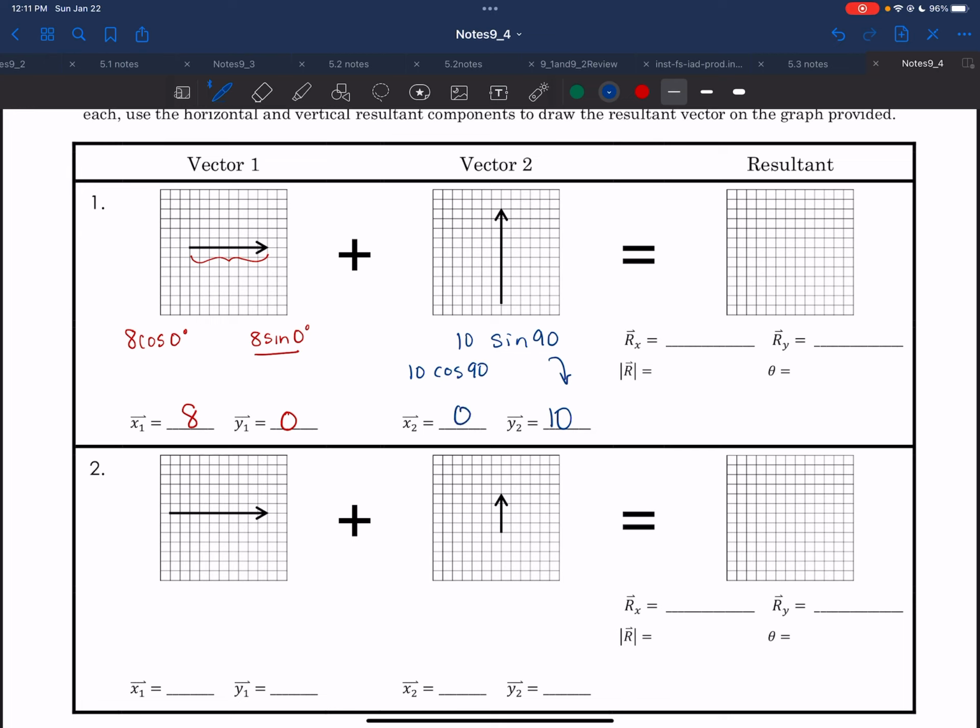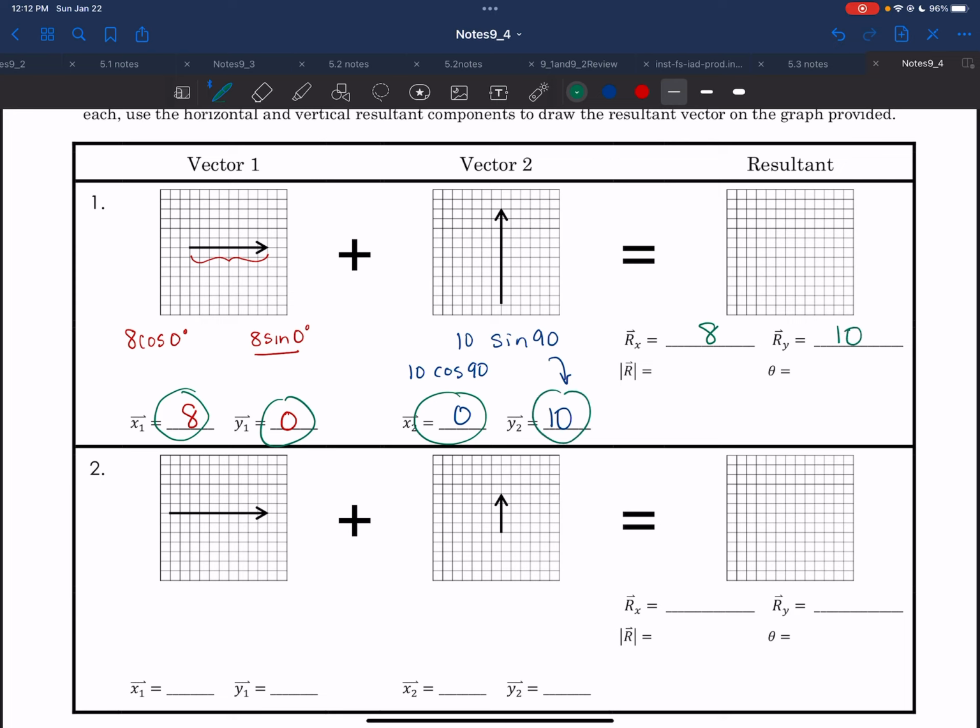I can see that there's nothing from left to right on this, so nothing in the x direction. When I add these together, I end up just adding x1 and x2. So that's going to be 8 plus 0, so that's 8. And then 0 plus 10 gives me 10.